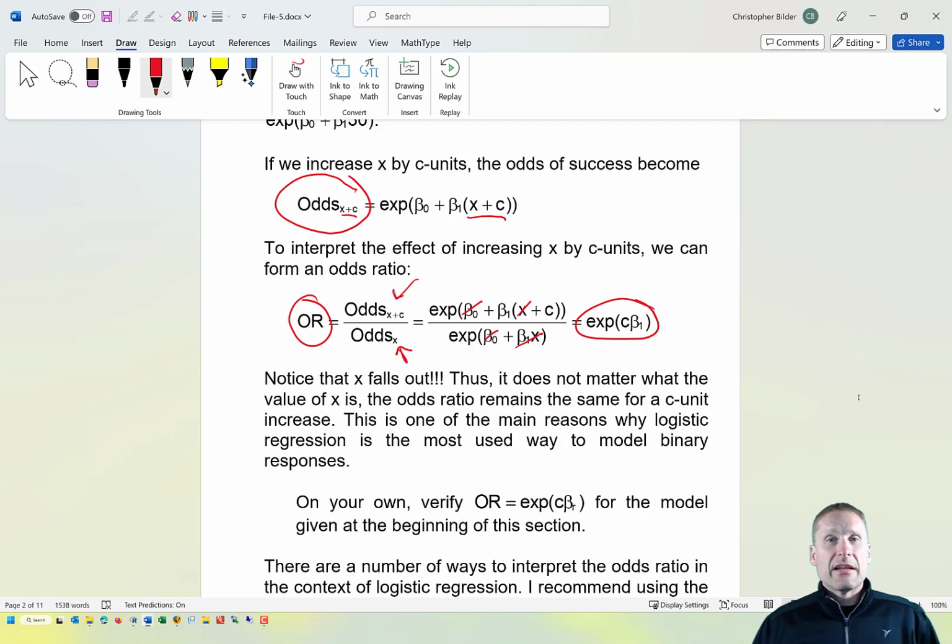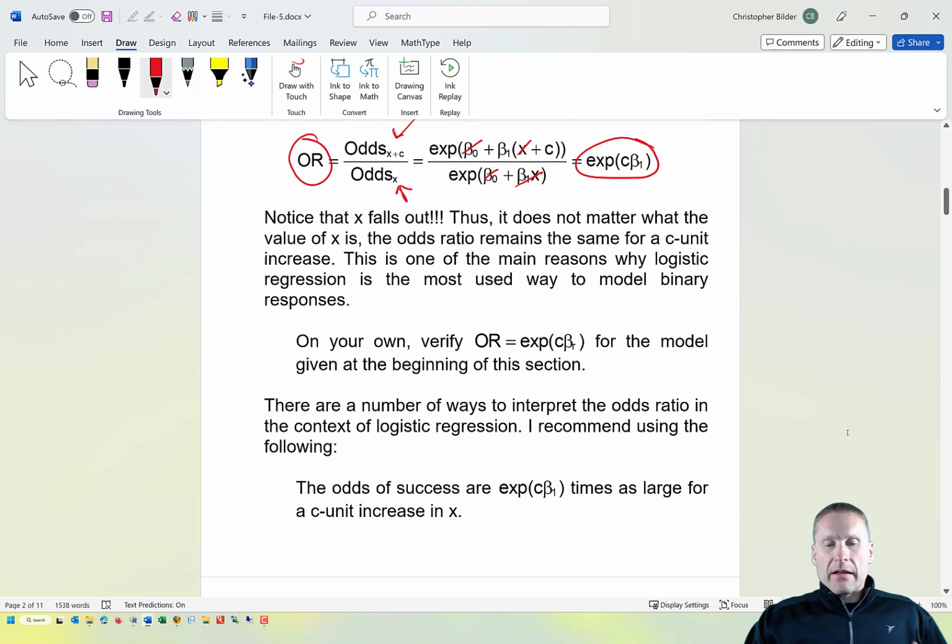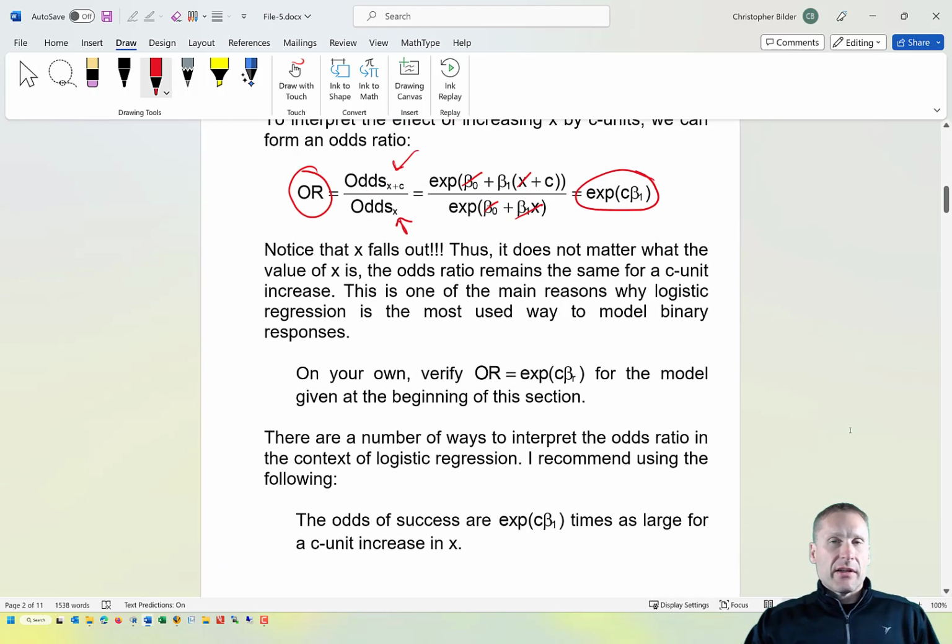This then is one of the reasons why, again, logistic regression models are so widely used, because now I have this nice interpretation of my explanatory variable and its effect on the response variable. So I did this little derivation here for a model that has only one explanatory variable.